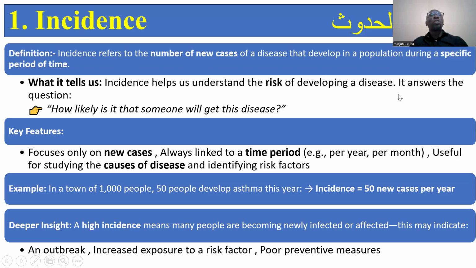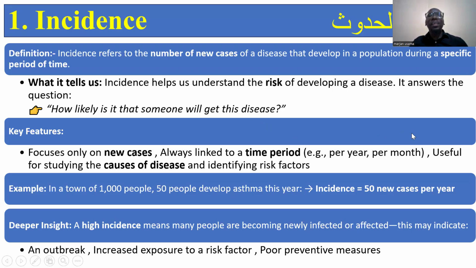Is it clear? So the keyword here is number of new cases. So what does it tell us? Incidence helps us understand the risk of developing a disease. It answers the question, how likely is it that someone will get this disease?